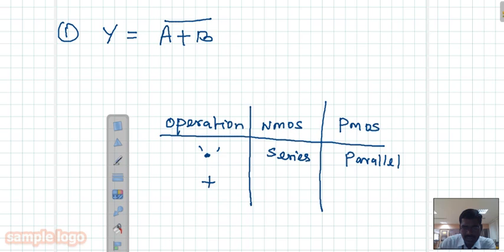If it is a plus operation, then your NMOS is in parallel connection and PMOS is in series connection. If you remember this basic table, then we can easily draw the circuit for any given Boolean equation.